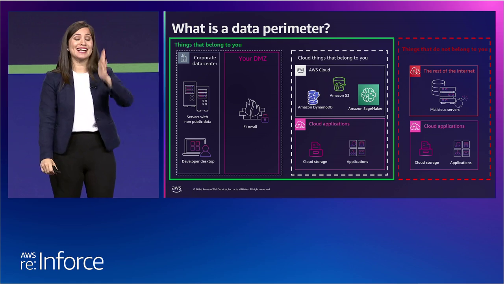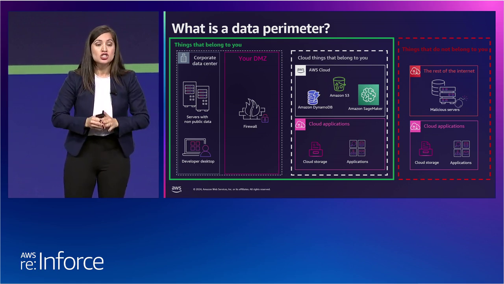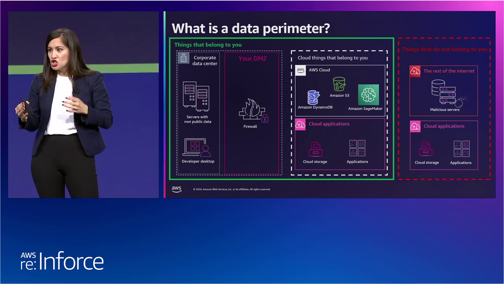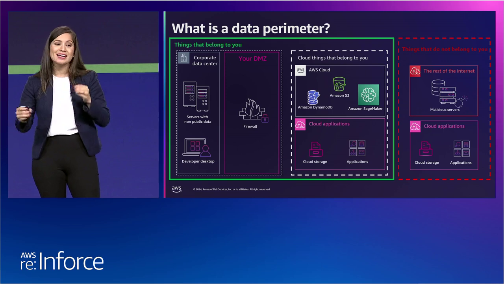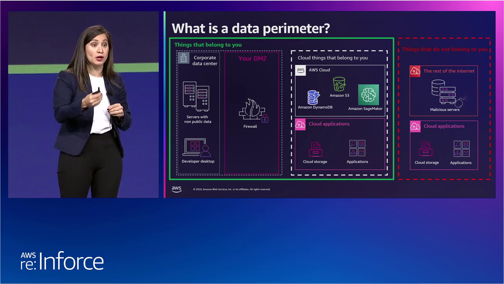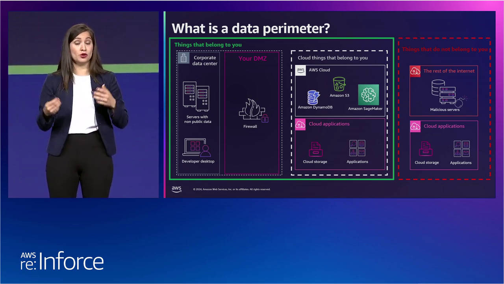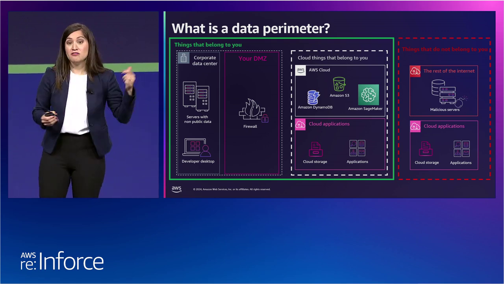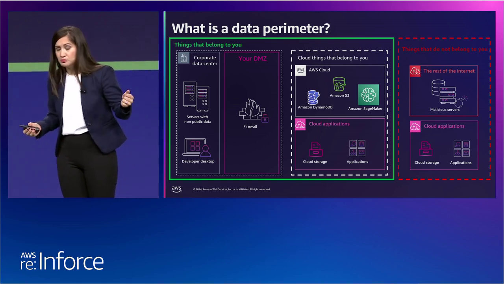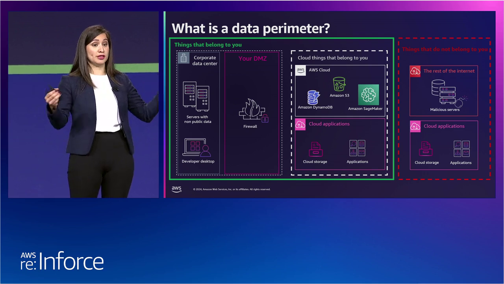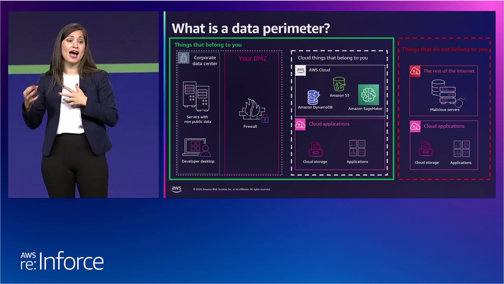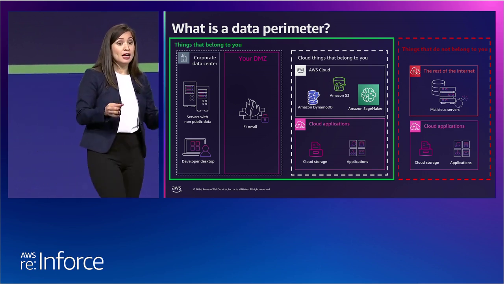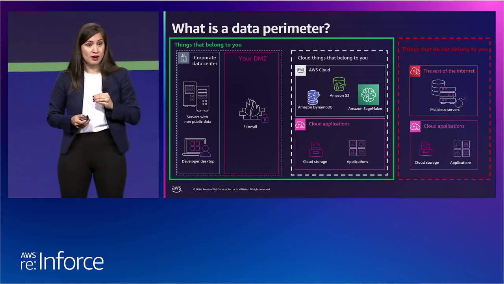We wanted to create a clear line between them so that it allowed us to identify access patterns that you might want to avoid. For example, exfiltration of data, infiltration of data in your environment, misuse of credentials. These are some of the access patterns that data perimeter can help you identify.